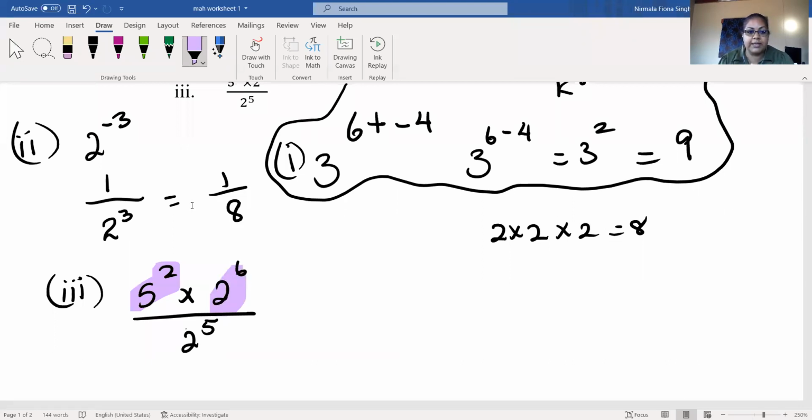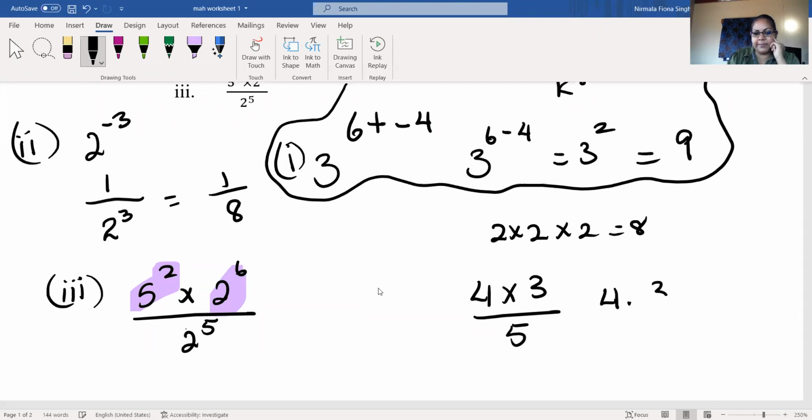So what we have to do is kind of work with them separately. Now, in mathematics, we know we have a commutative law. All right, tell me if this is the same, y'all. 4 by 3 over 5. Is that the same as saying 4 multiplied by 3 over 5? You all tell me, is that the same?